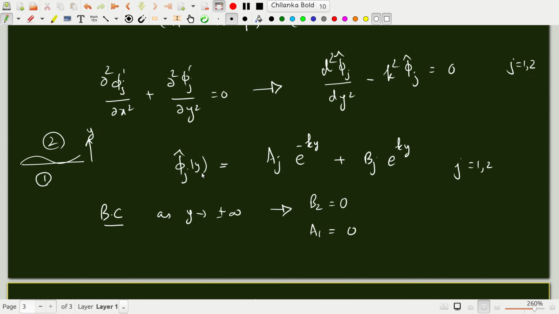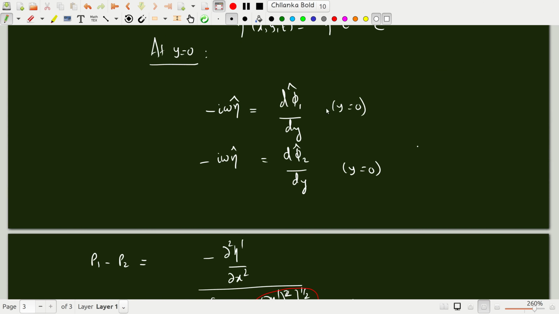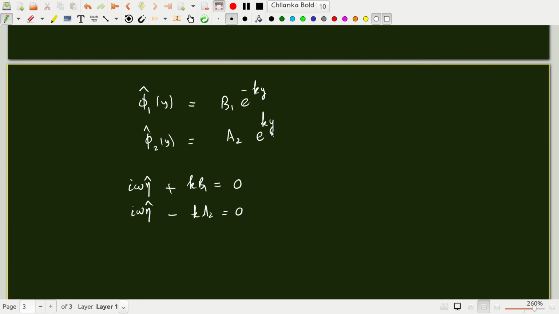Where is this coming from? This is coming from merely these two conditions. We are simply using the derivative with respect to y, and if I do the derivative I will get these terms. So now what you can say is that B1 is minus I omega by k η cap, A2 is plus I omega by k η cap.